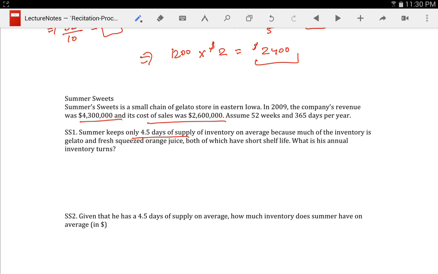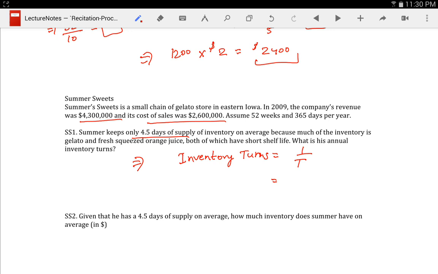Well, even if you just understand the definition of inventory turn, it is the number of times you flip your inventory. If you flip your inventory every 4.5 days, how many times are you going to flip it? So let's do it the formula way. Inventory turns is 1 over T. But remember, inventory turn is always expressed in terms of number of times per year.